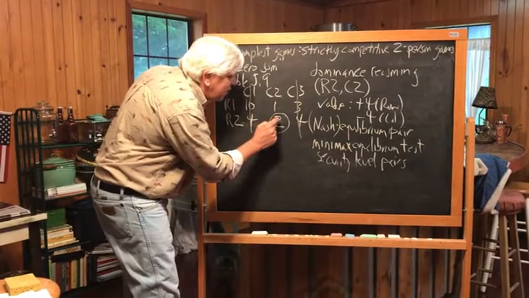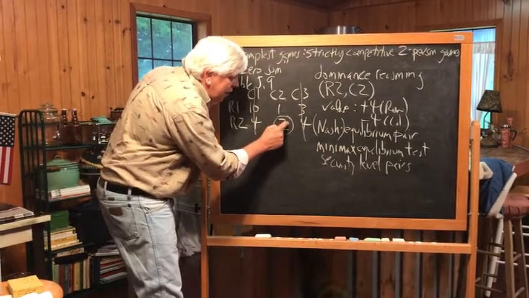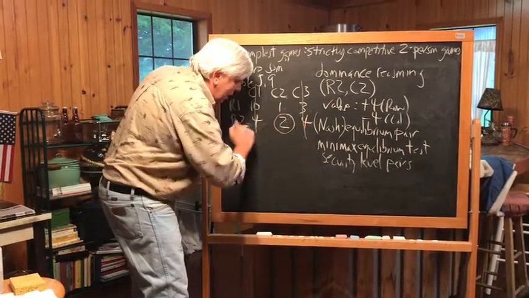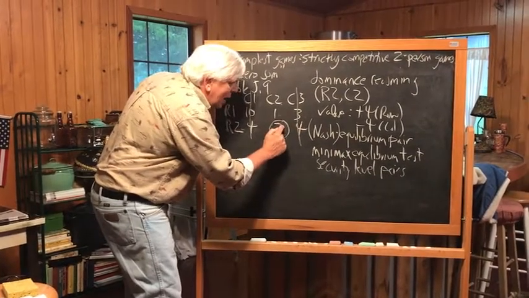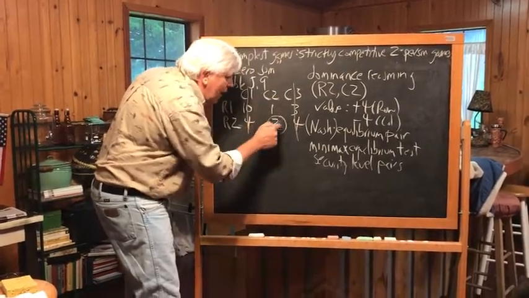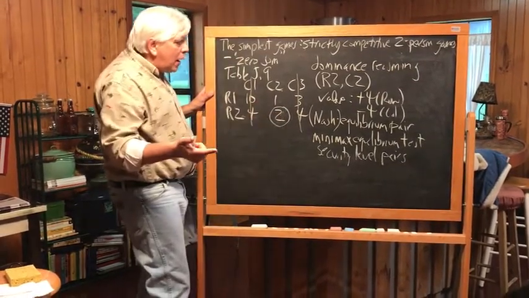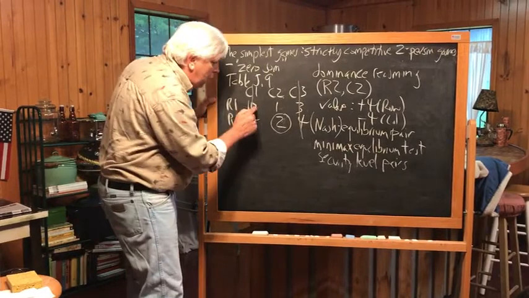You can see that this particular point is the minimum value for Rho in R2, and it's also the maximum value for Column in C2. And no other point has that particular pair of properties.